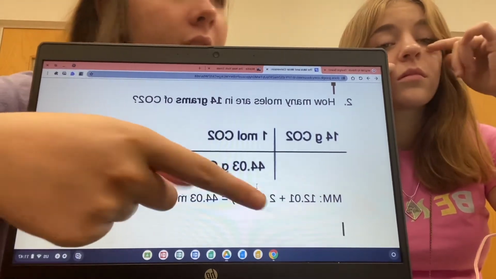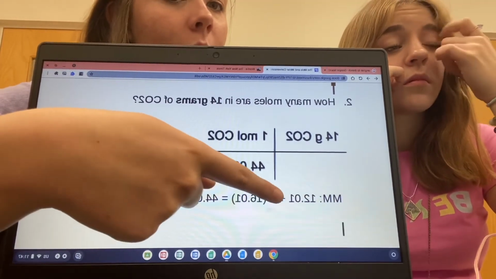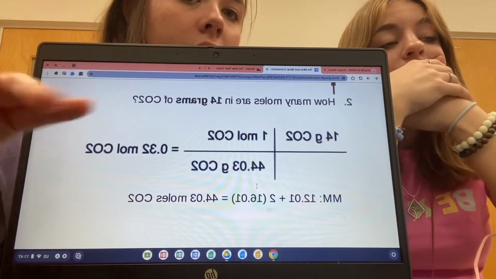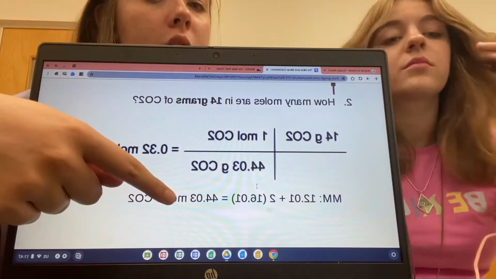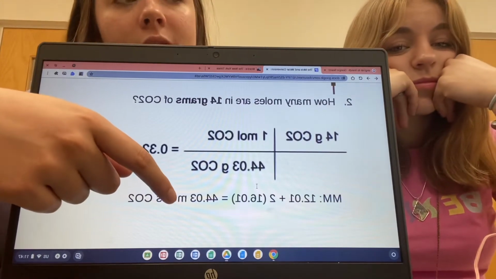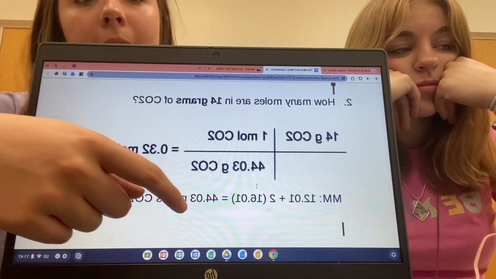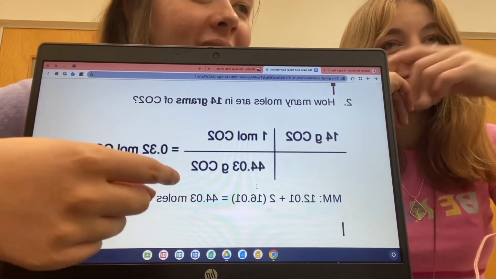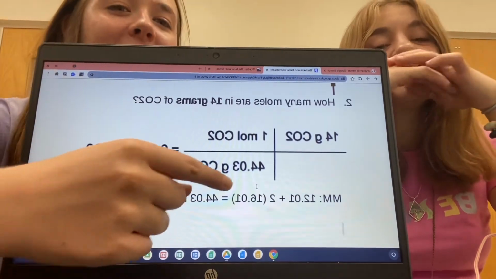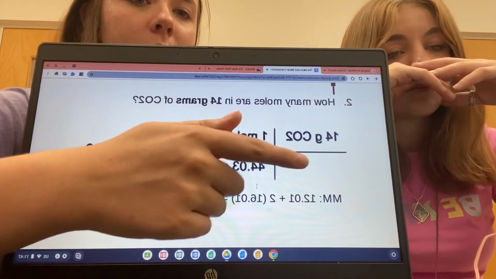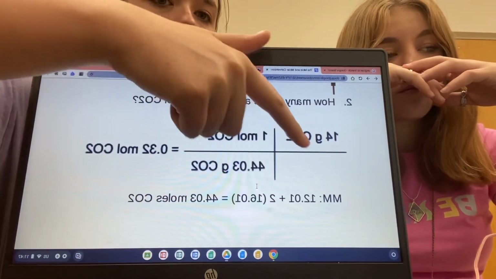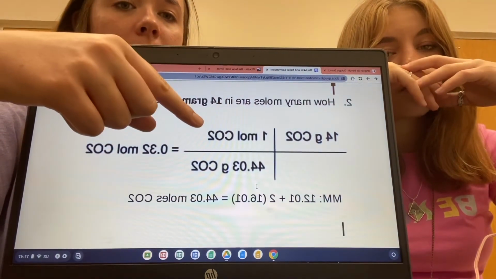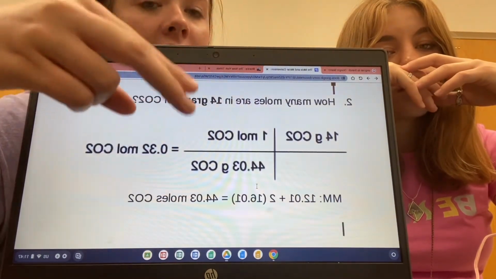So the C is 12.01. And then the O is 16.01, but we have 2 of those, so we multiply that by 2, which gives us 44.03 grams of carbon dioxide. Then we put that over 1 mole of carbon dioxide, and we pop that down below right here, because it's always going to be a cross, since we're getting rid of these units.